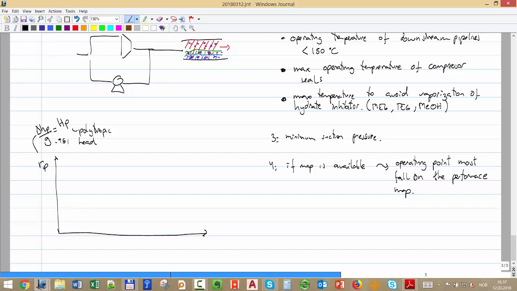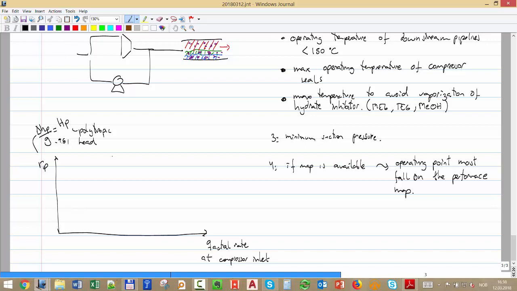Everything on the y-axis is delta P or something related to the boosting, the pressure difference, and on the x-axis I have the rate: standard conditions rate, actual rate, mass rate, something. Okay, so normally what I use here is the actual rate at compressor inlet.